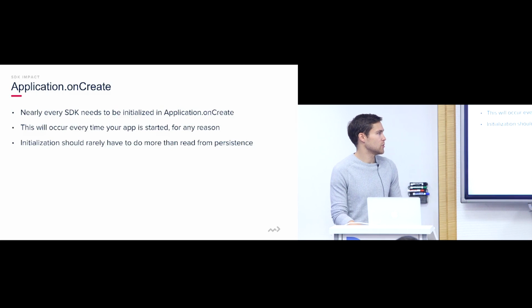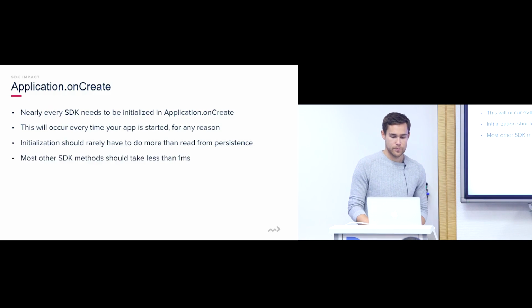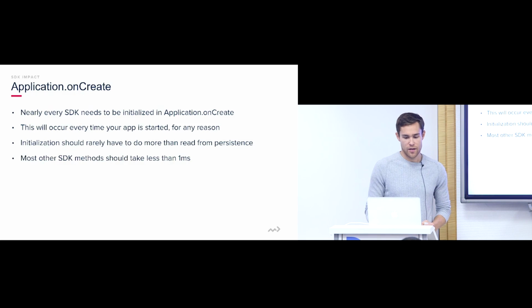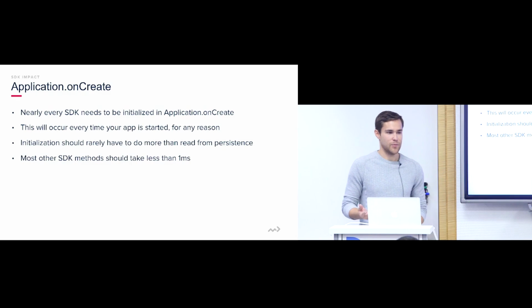I also mentioned this before, but initialization of an SDK should really have to do little more, if anything, than read from persistence. Maybe it needs to initialize something and read from shared preferences, but more than like 20 milliseconds, or 15 milliseconds, and the SDK is doing too much. And every other SDK method should be like that, unless it's like a query or something. I'm generalizing here, but most SDK methods should be like that.